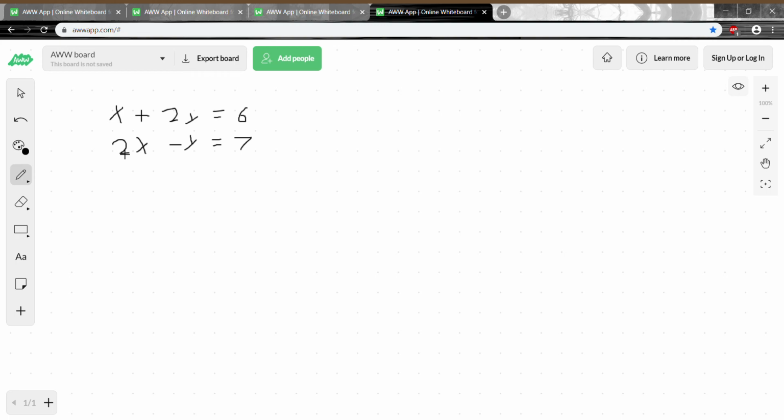But if we were to multiply this entire lower equation by 2, that would give us 2y minus 2y equaling 0, leaving us with only an x term. So we are going to convert this lower equation by multiplying it by 2. That would give us 4x minus 2y is equal to 14.